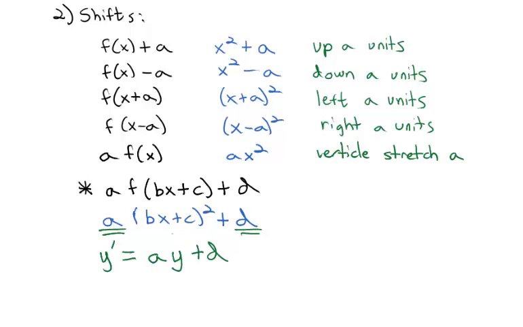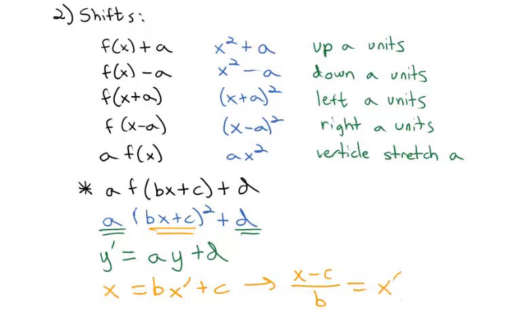The new x prime comes from inside the function. So if we make x prime inside the function, you have b times that plus c equals the old x. And so we would solve this for x by subtracting c and dividing by b to figure out what the new x prime was going to be.